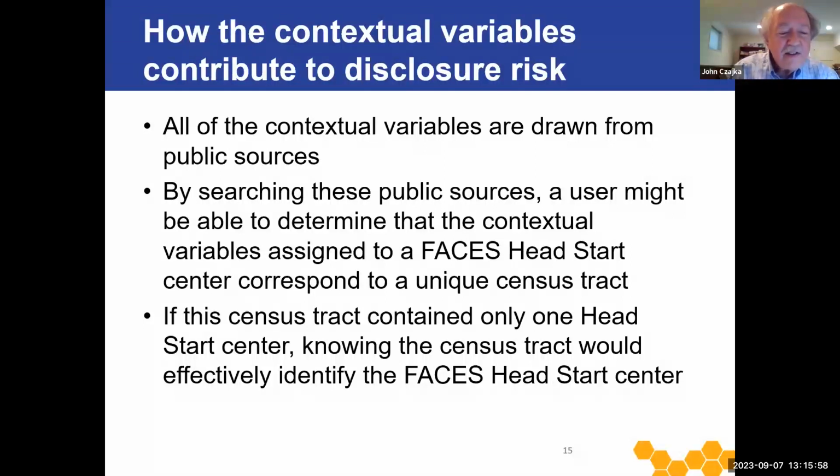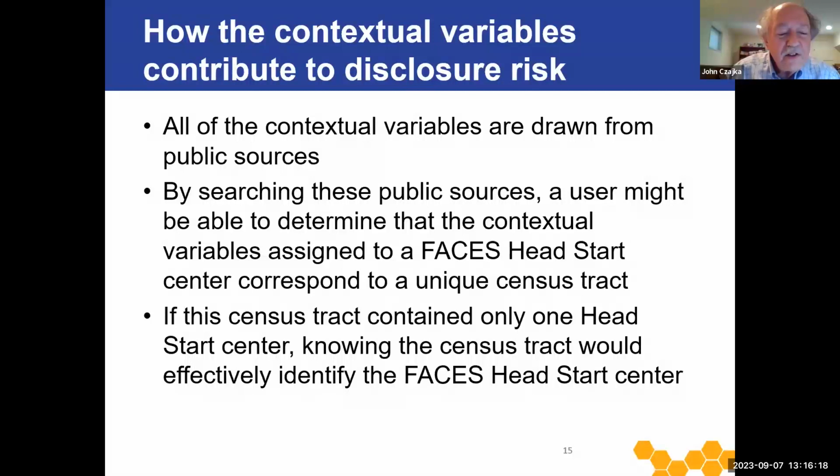Now, how exactly does the addition of contextual variables contribute to disclosure risk? First of all, the contextual variables are drawn from public sources. We did not have any special access that allowed us to obtain these variables that we added to the contextual variables data set.